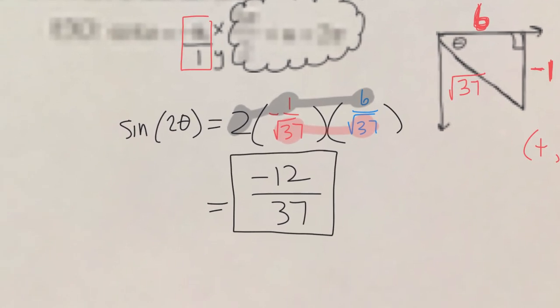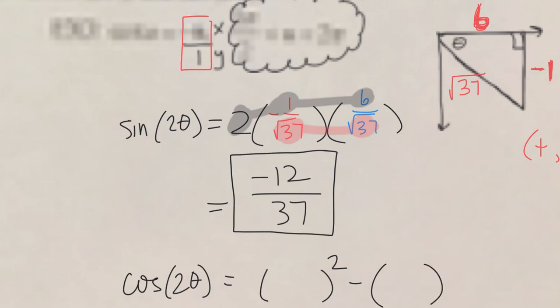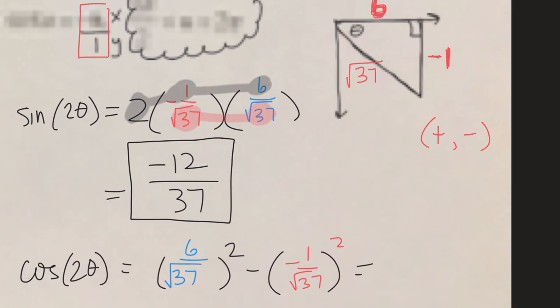Okay, let's look at the cosine double angle. Okay, so we're going to do cosine squared minus sine squared. So cosine is 6 over root 37, and sine is negative 1 over root 37. Okay, when I square my 6, I get 36 over 37 minus negative 1 squared is positive 1 over 37.